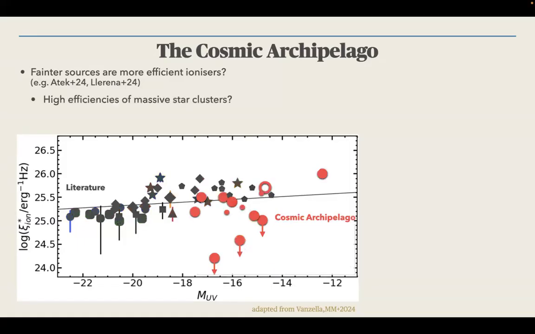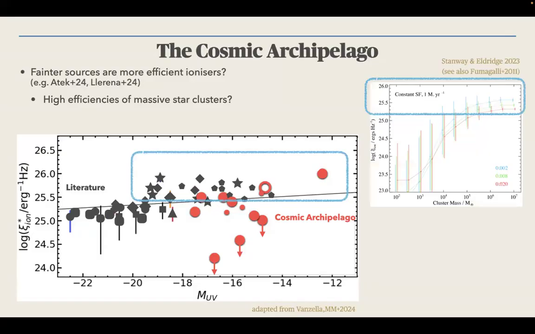But if we put in this plot the sources of the cosmic archipelago, we see that they actually span a lot of values. In particular, there are some very efficient sources in the archipelago, but also in the literature galaxies, which have this very extreme efficiency, consistent with, or comparable to, the efficiency of individual, very massive star-forming clusters, I mean, 1 million year old clusters.